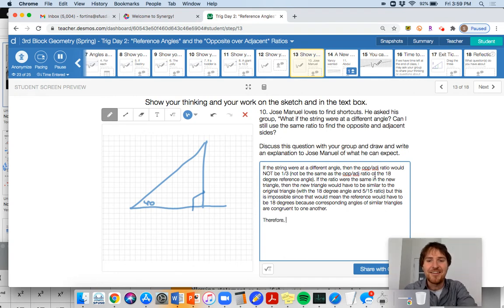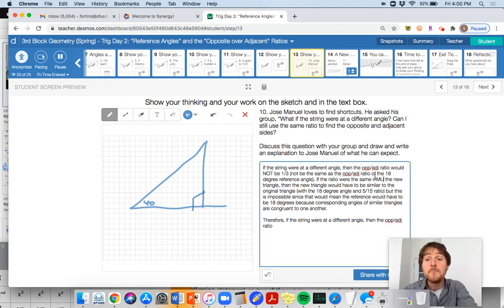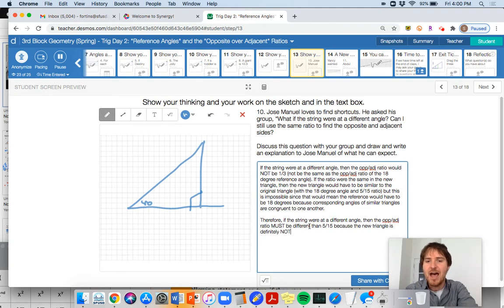So if the string were at a different angle, then the opposite over adjacent ratio must be different than 5/15, because the new triangle is definitely not similar to the 5/15 ratio right triangle, because the angle changed after all. That was the premise of this problem.